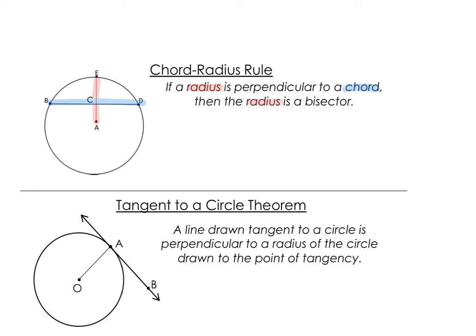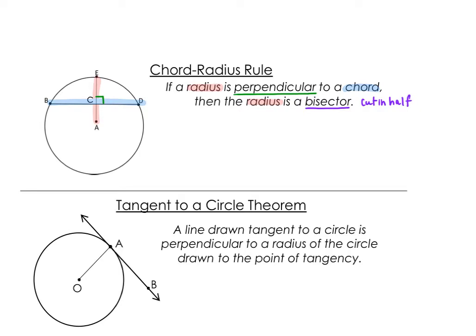Okay, so what that means is this. First of all, perpendicular. To remind you, perpendicular means that it crosses at a 90-degree angle, so it means that this angle is 90 degrees. And when we say that something bisects, this means to cut in half.